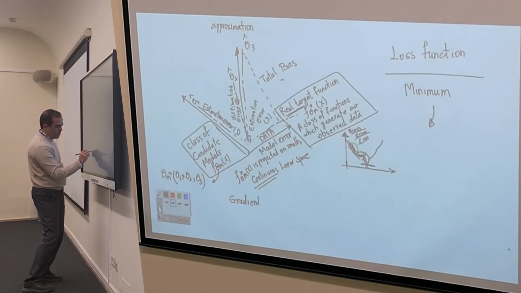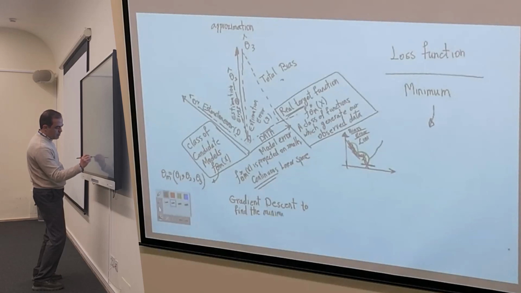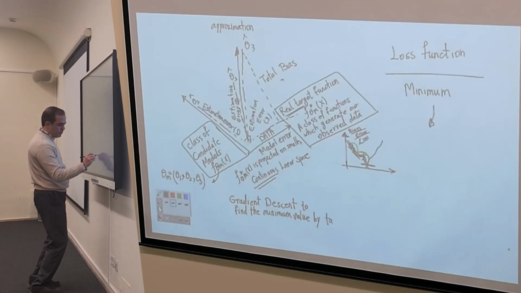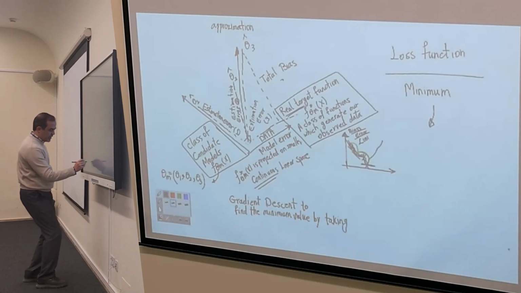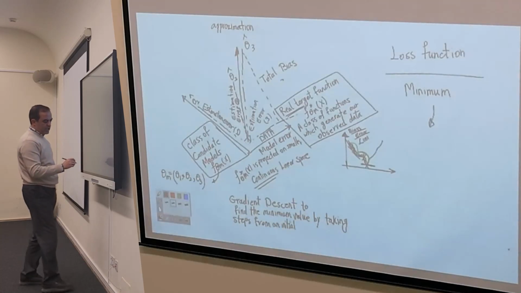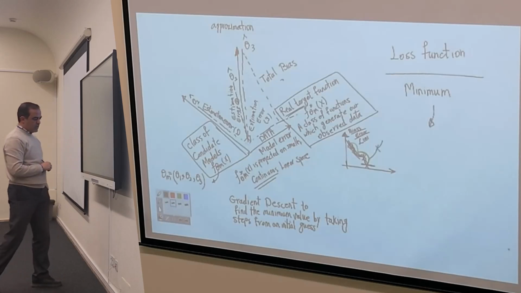The gradient descent algorithm to find the minimum value by taking the steps from an initial guess that can be here, okay?